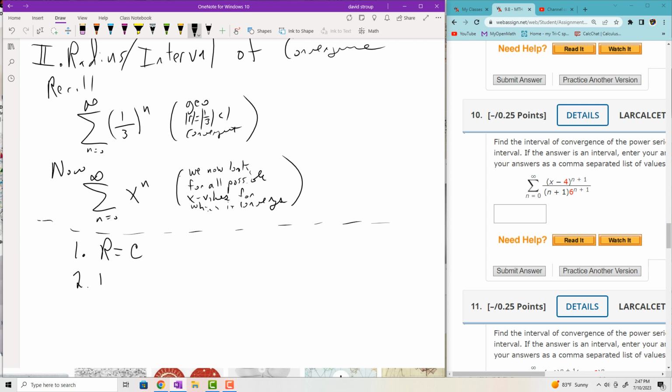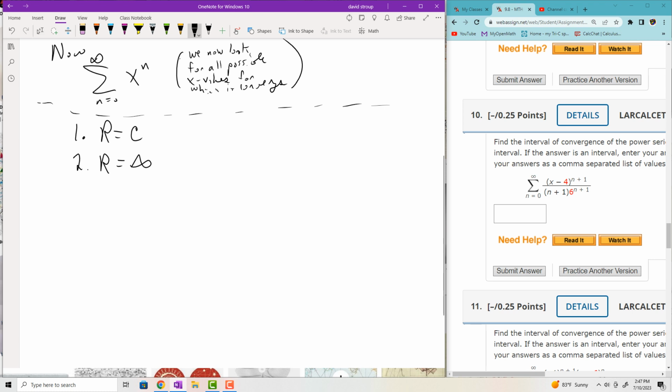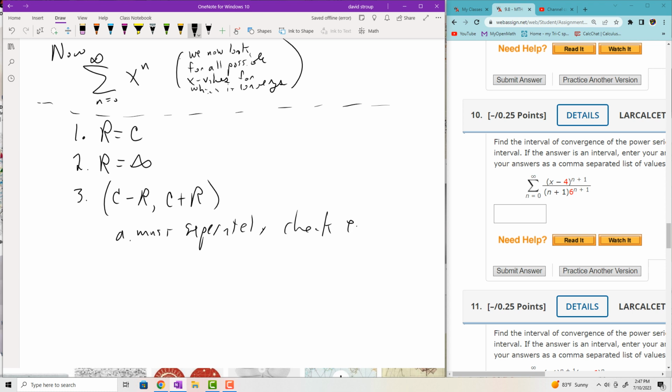The second case is the awesome case where it converges everywhere, so it's very useful. And then the third case, it'll be some kind of bummer interval around c, and in this third case, it's really a bummer because you must separately check endpoints for convergence, so it means more work. Okay, great.